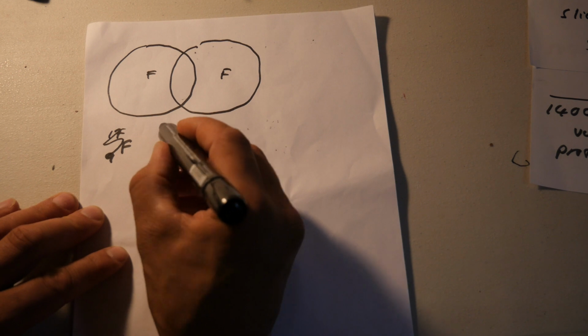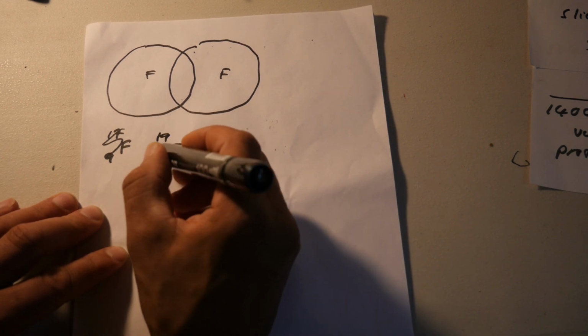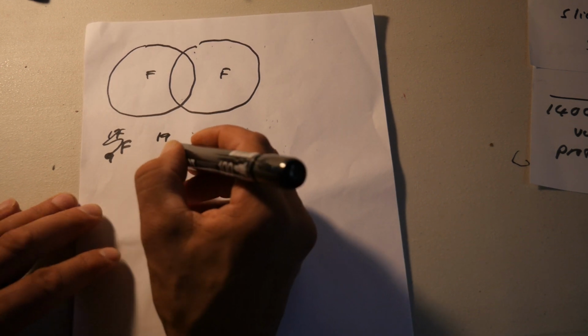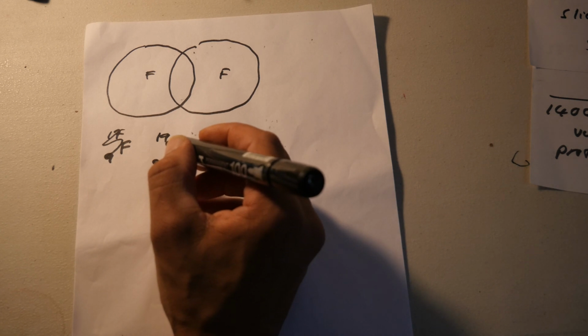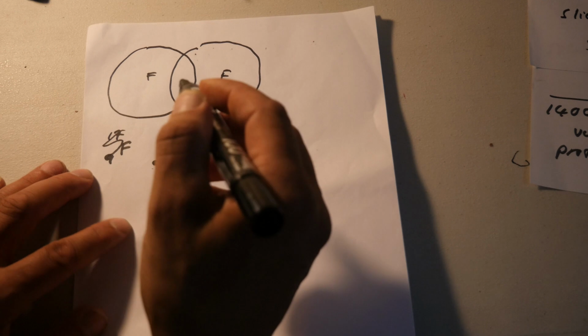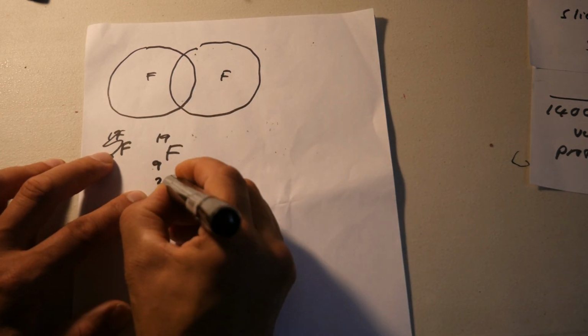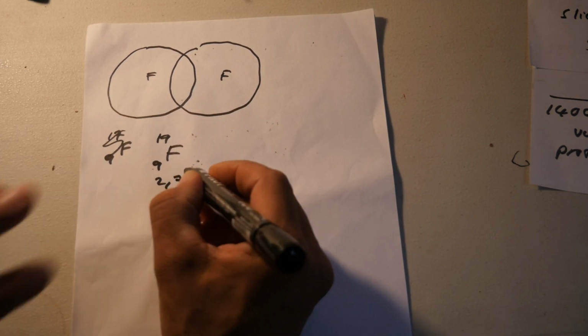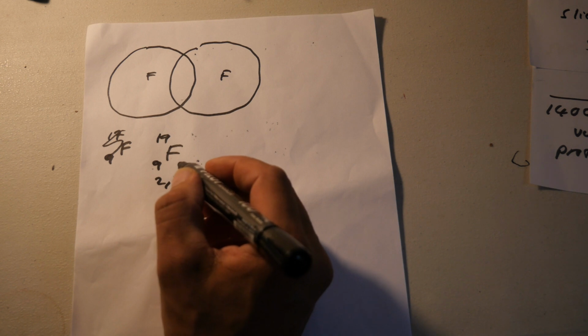Fluorine is 19 mass and 9 protons. So there are 2 in the inner shell and 7 in the outer shell, okay?